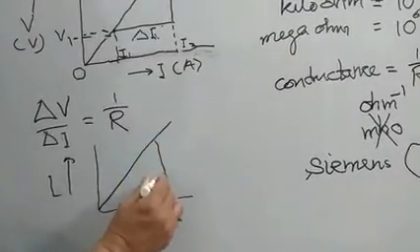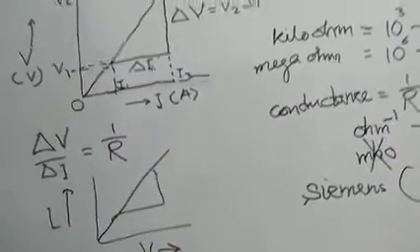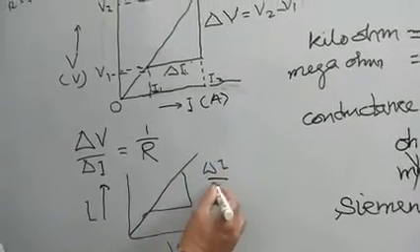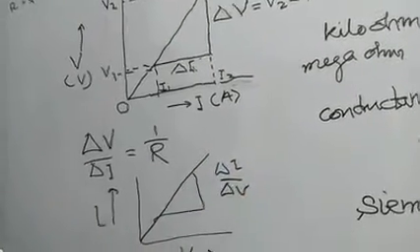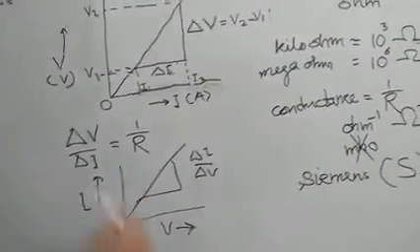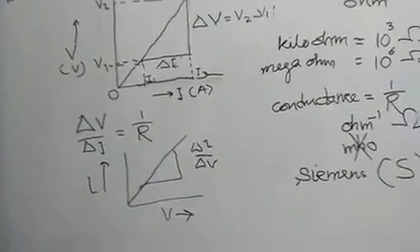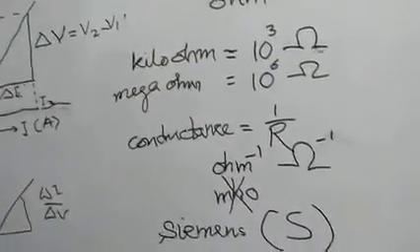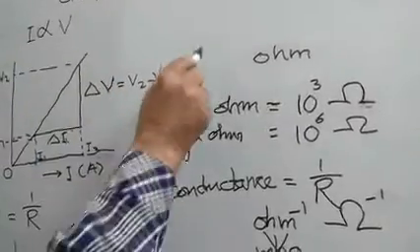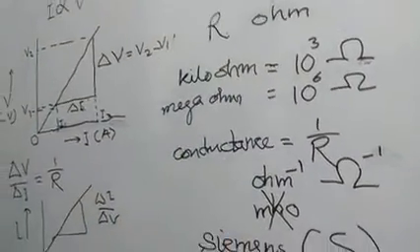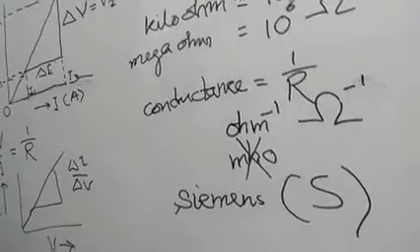In that case, the slope will be delta V upon delta I, and this slope will give you resistance. It is just the reverse of that. You have to remember this: resistance measured in ohms, conductance measured in Siemens.